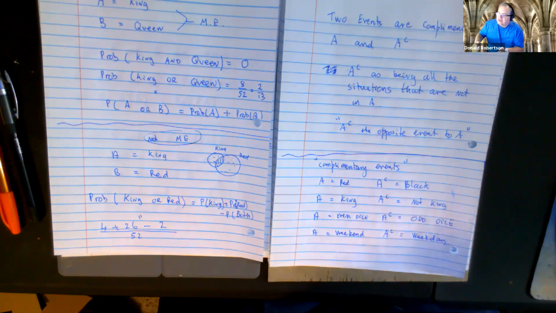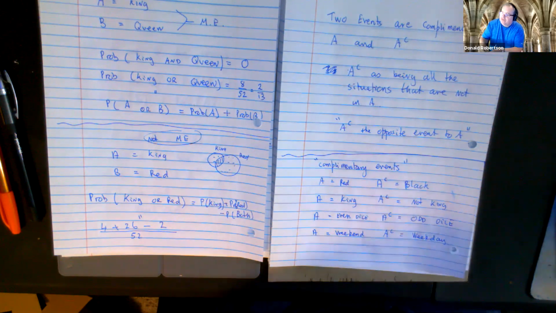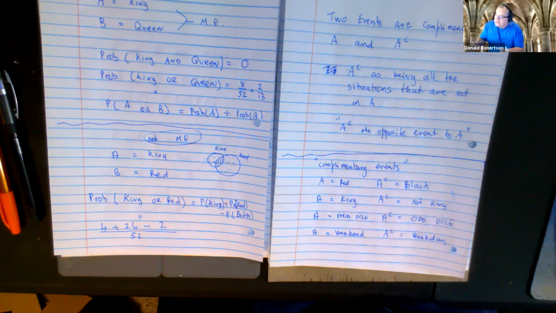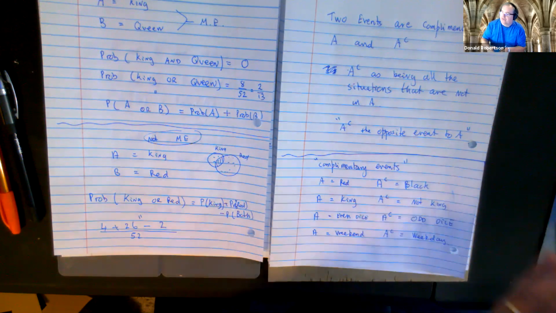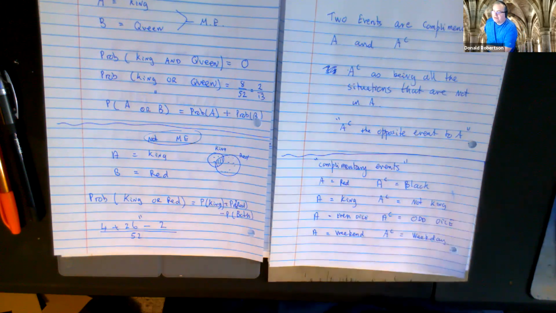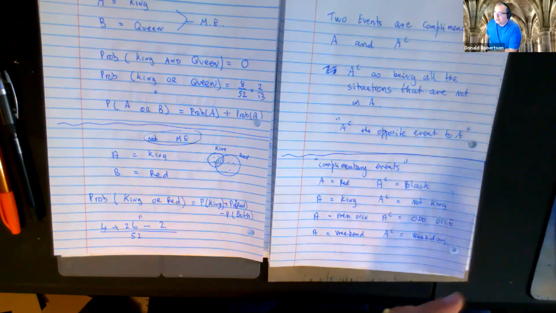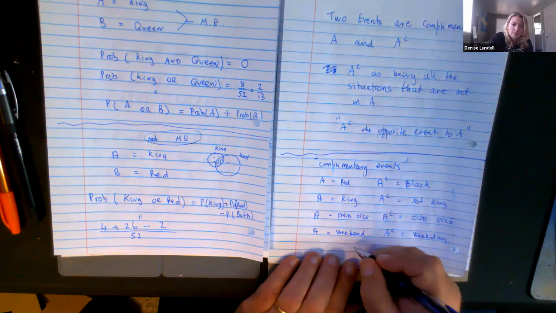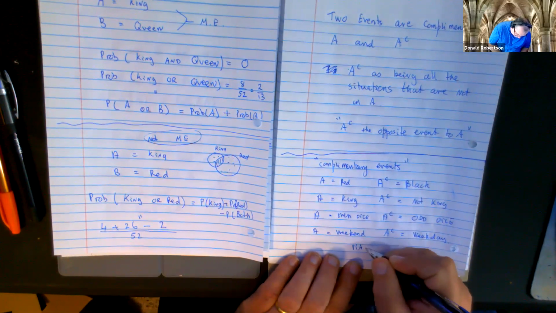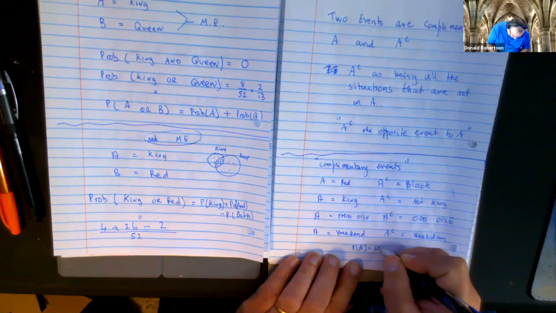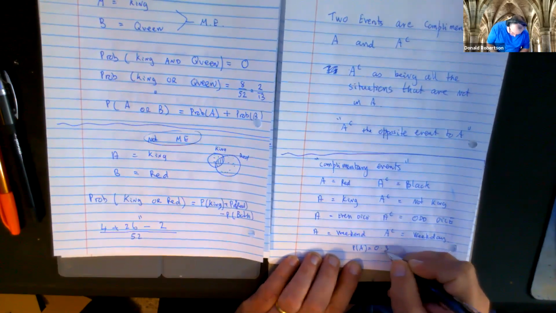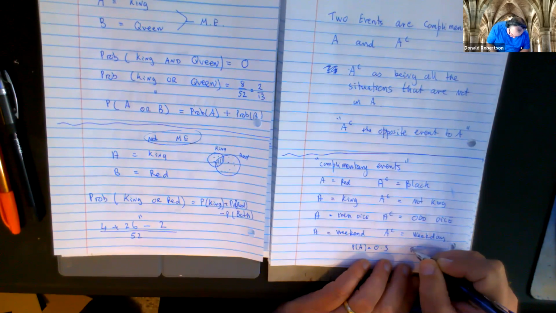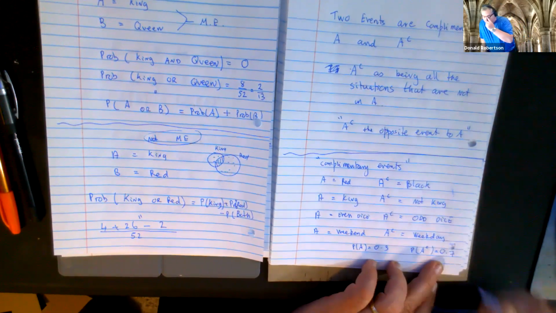When I talk about a card, there are 52 cards in a deck, right? So there are 52 little baby events. And event A is all the red cards, or all the kings, or all the clubs, right? And the complementary then is the opposite of whatever A is. What's not A is in the complement of A. Mm-hmm. Now that is helpful, because if someone tells me A has a probability of 0.3, then even if I don't know what the story is, I can tell you its complementary is guaranteed to be 0.7.